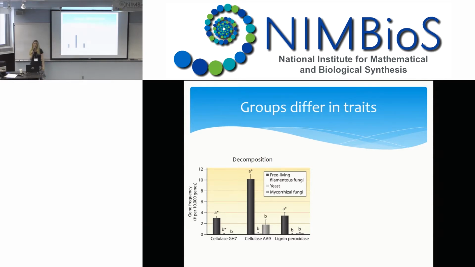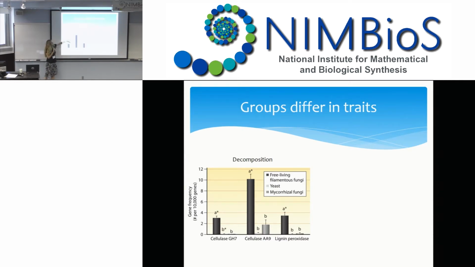They're not decomposing a lot of tough stuff, at least not the yeasts whose genomes we have at this time. And then the mycorrhizal fungi also are not really standing out a whole lot in terms of their decomposer ability. I was a little bit disappointed in this because I like mycorrhizal fungi and I was hoping they would do it more, but this is just the data that we have right now.